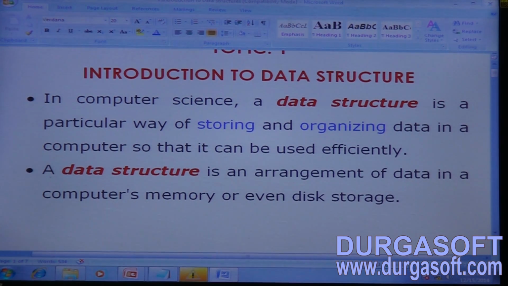It means the data structure can be created onto the memory, meaning primary memory. Disk storage means secondary memory.